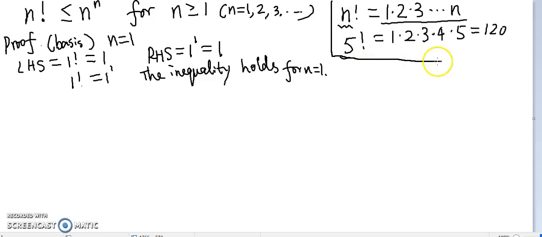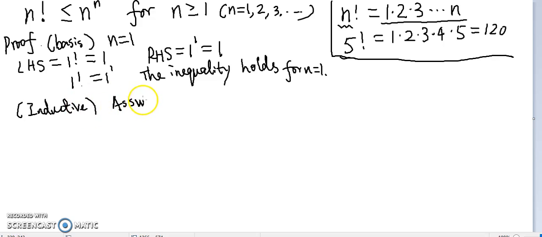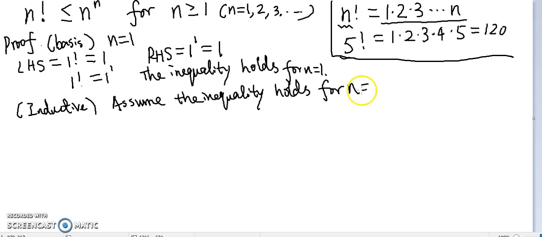And next, we're going to do the inductive step. As usual, we assume the inequality holds for n equal to k.